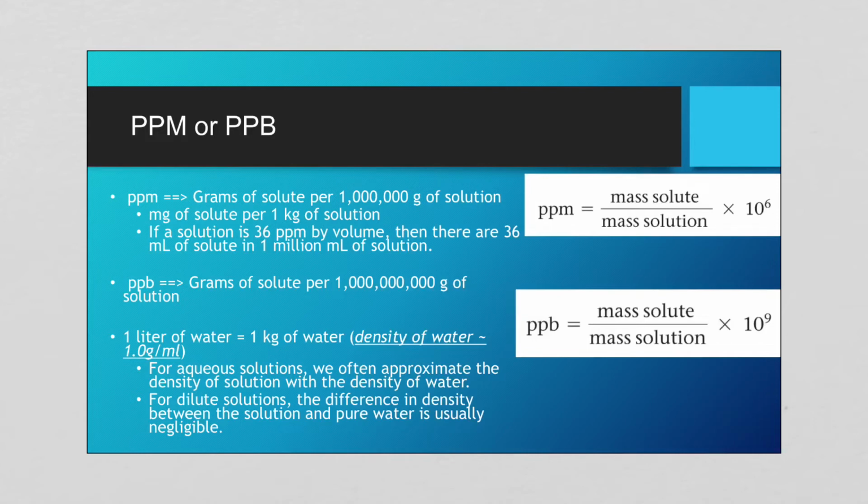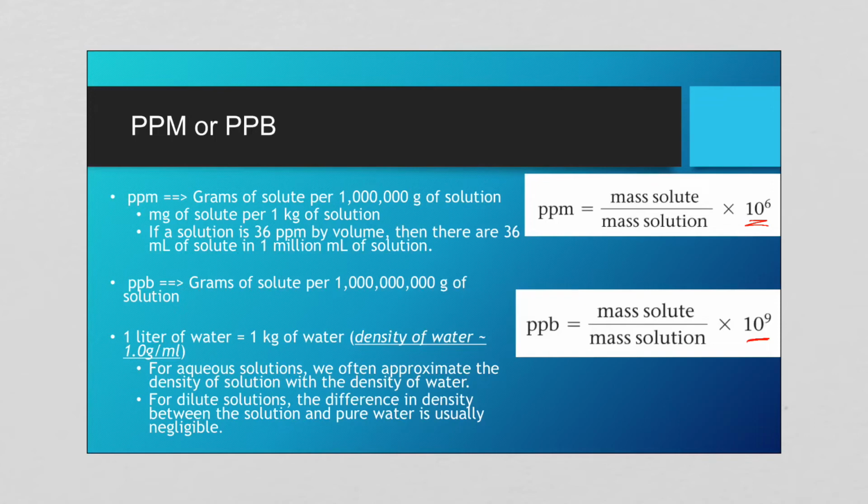So parts per million is probably the more common, and it's, again, the same idea, that it's the mass of solute over the mass of solution, but instead of multiplying by 100, we multiply by 1,000,000. Parts per billion, same thing, except we multiply by 1,000,000,000. Now, oftentimes when you deal with parts per million, you could do it in grams per million, but oftentimes they'll divide both of these by 1,000.